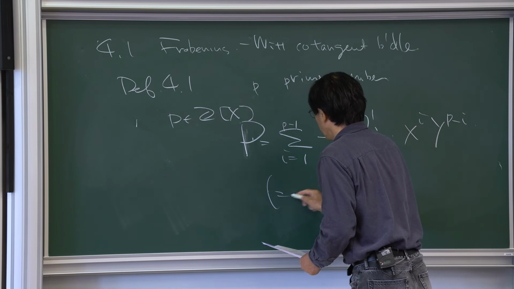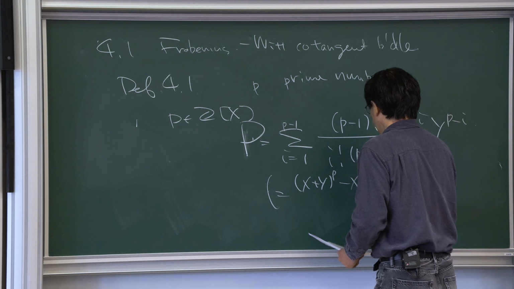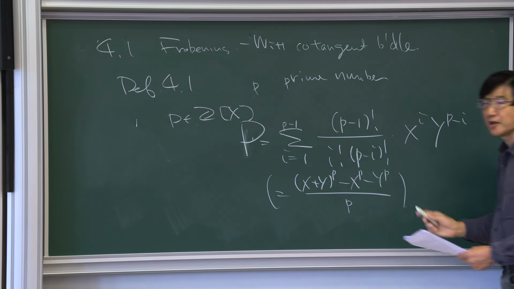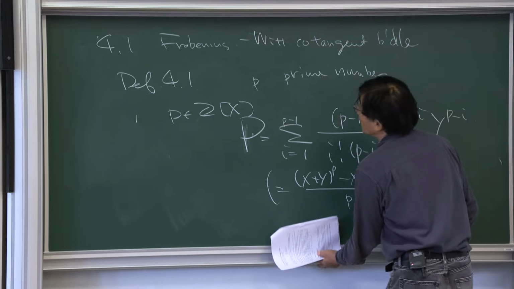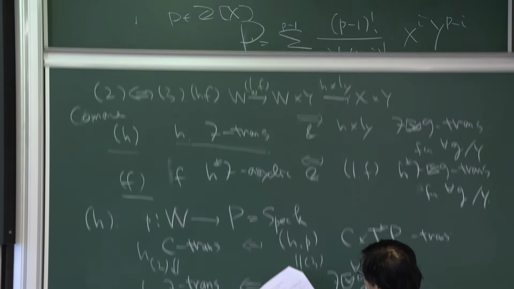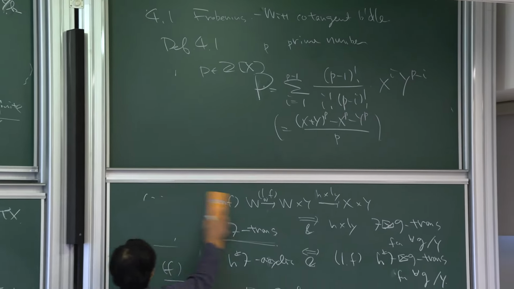So this is ((x plus y) to the p minus x to the p minus y to the p) divided by p. Okay, so we have this polynomial.